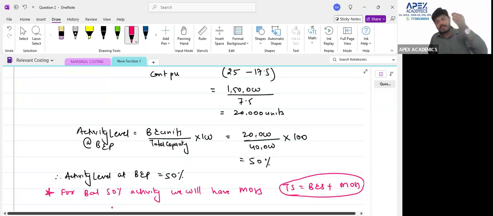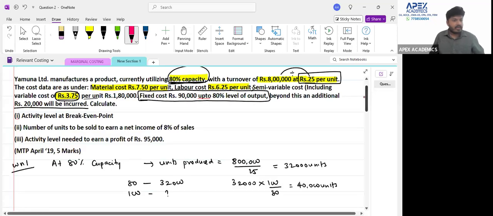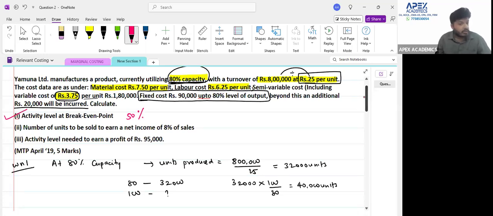Sales needed to recover the total cost, which are break-even sales, and those sales on which you run an outright profit. What are they? They are margin of safety sales. Understood? 100%. So what was the first one? What is my activity level at break-even point? What is your answer over here? 50%.